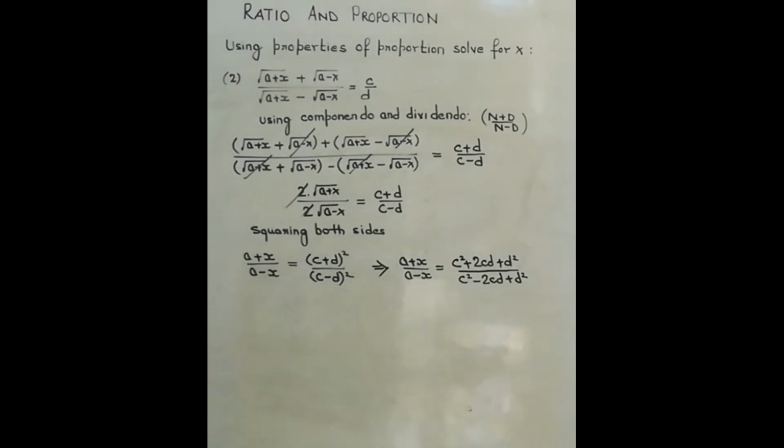Now you see, we applied componendo and dividendo to reduce this proportion and we got it in the reduced form. But here, to remove this root sign, when I squared both the sides, again I have got the proportion in the expanded form. But I have to get value for x, so I will try to reduce it.